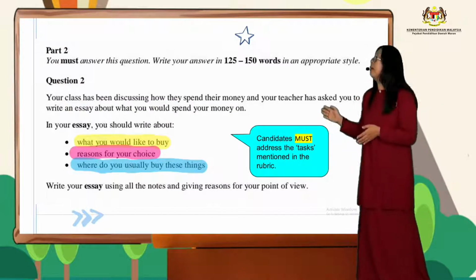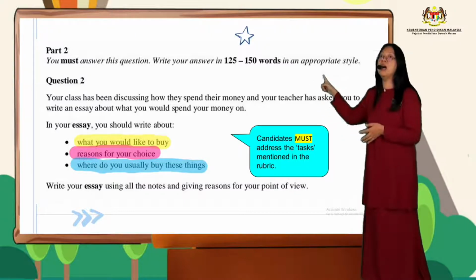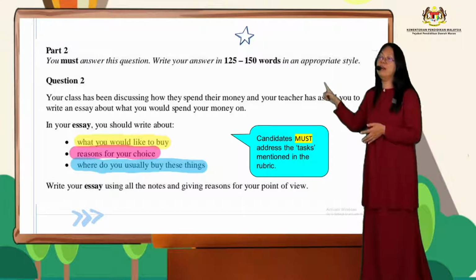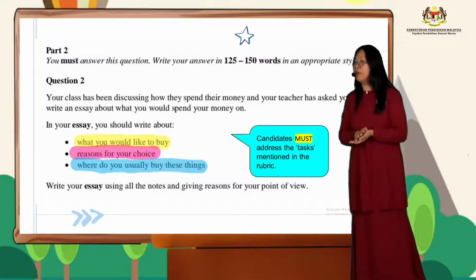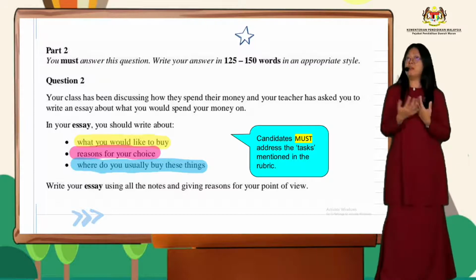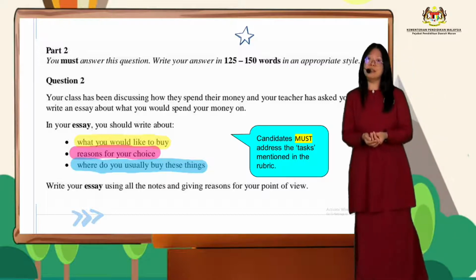For part 2, I want to highlight appropriate style. What do I mean by appropriate style? Should I write like I'm writing a diary? Do I need to put a title?